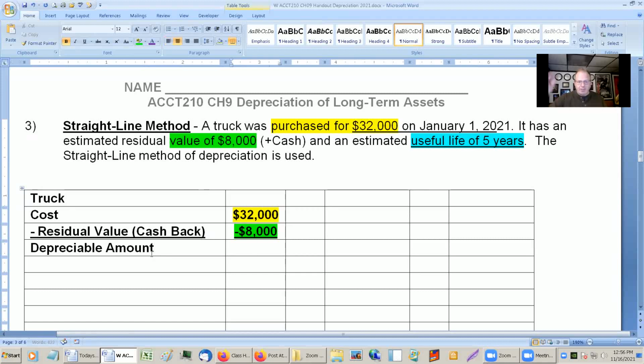So it's going to depreciate by 24,000, from 32,000 down to 8,000. So the depreciable amount is 24,000.